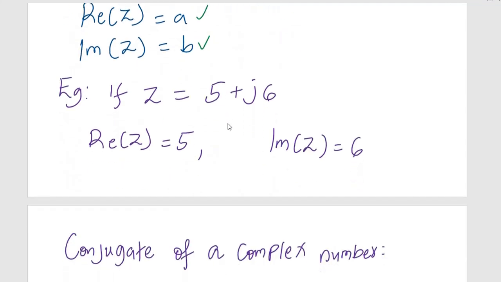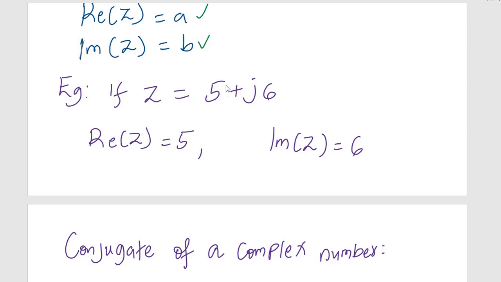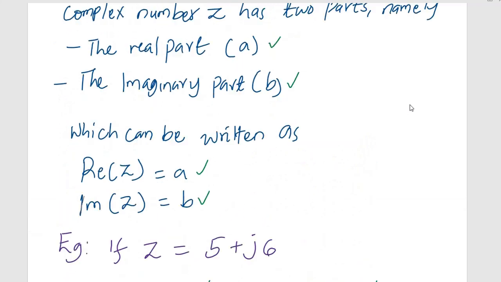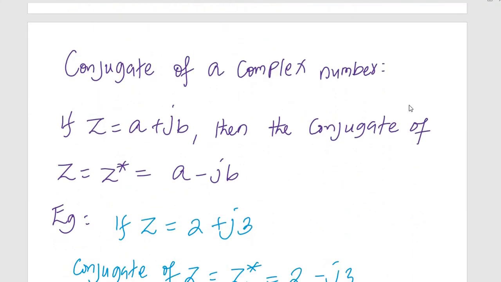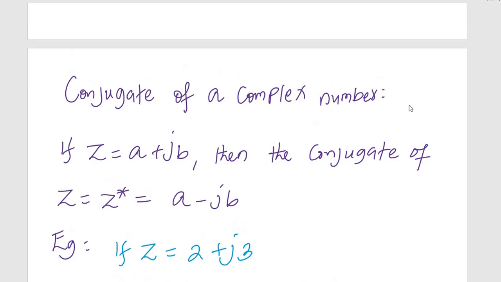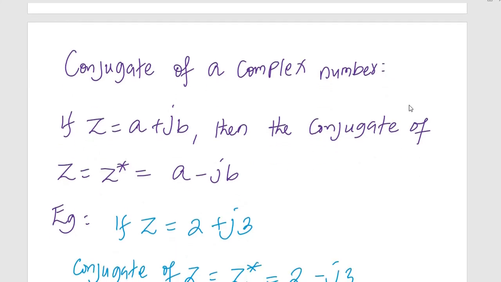For example, if you look at z equal to 5 plus j6, it means the real part of z is equal to 5 and the imaginary part of z is equal to 6. So these are what we call complex numbers, of the form a plus jb, where a and b are real numbers, and j is the square root of -1.